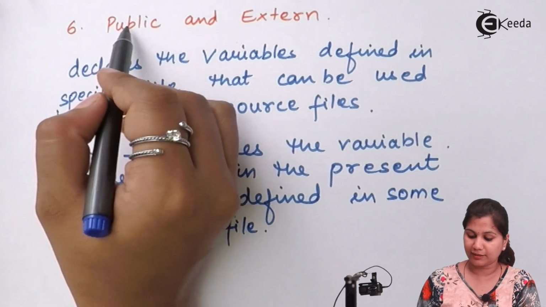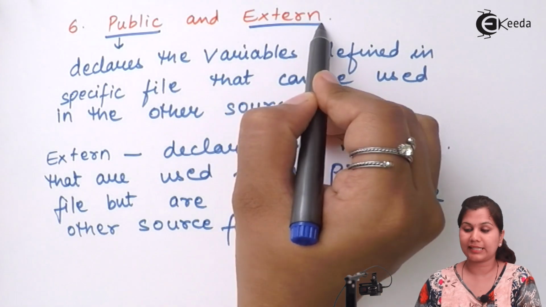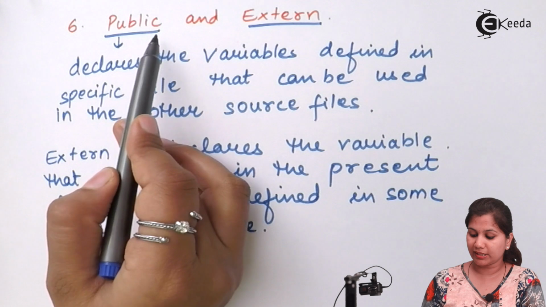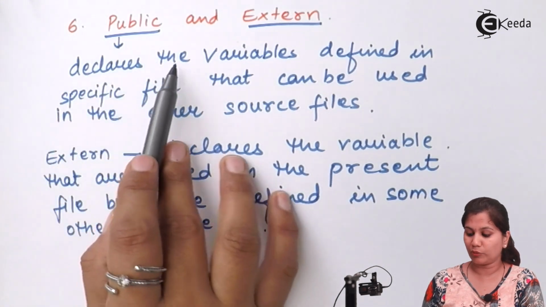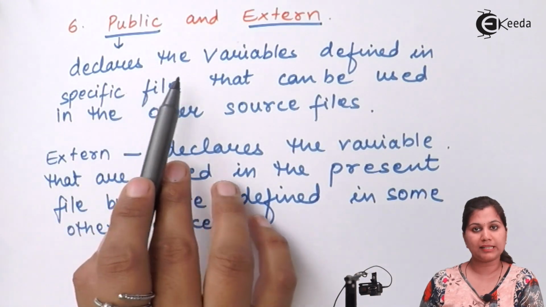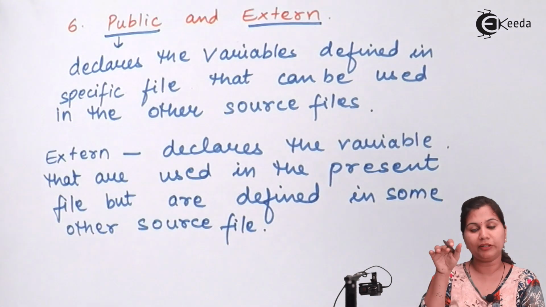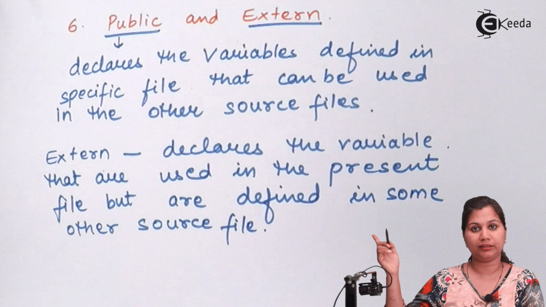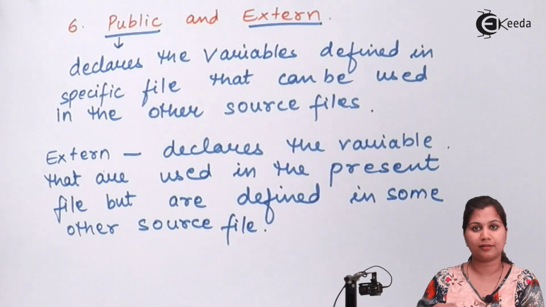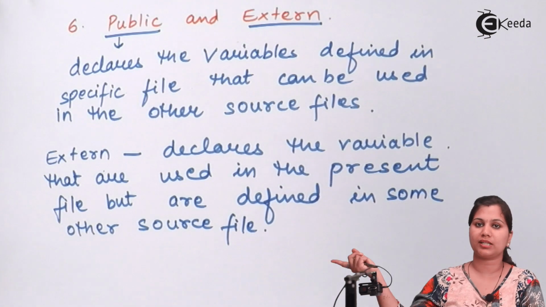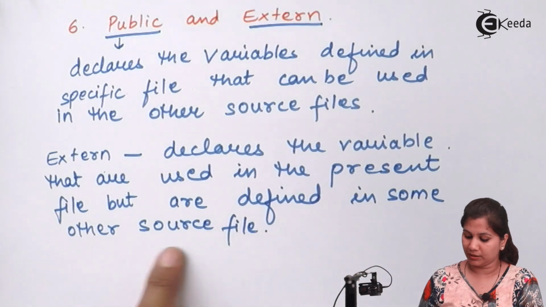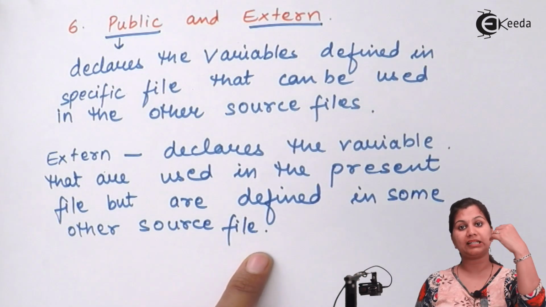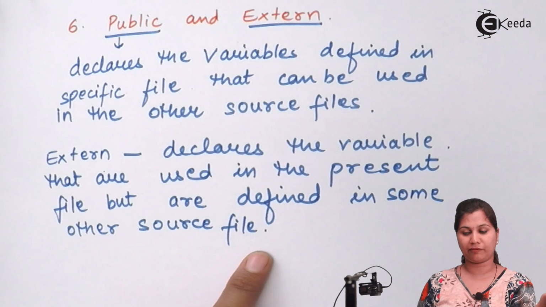Okay, so that is the difference between public and extern. Both are used for defining the variables in the source file. Just the difference is that public is going to define the variable in a specific file and that can be used in other files also. But here it is used in the present file but it is defined in some other source file.